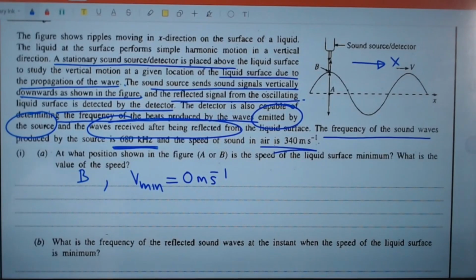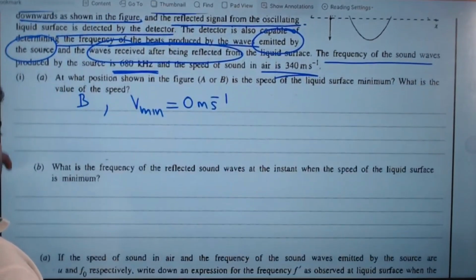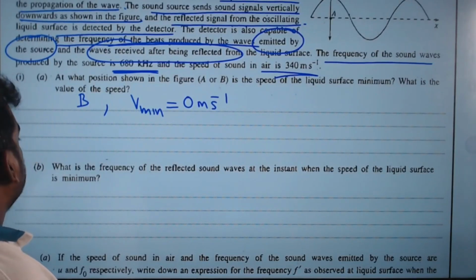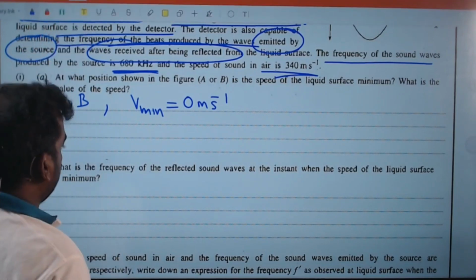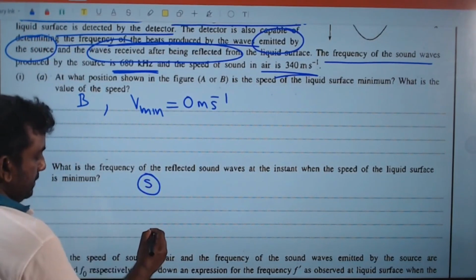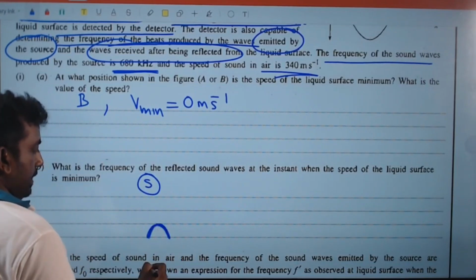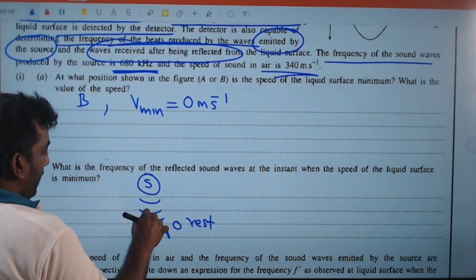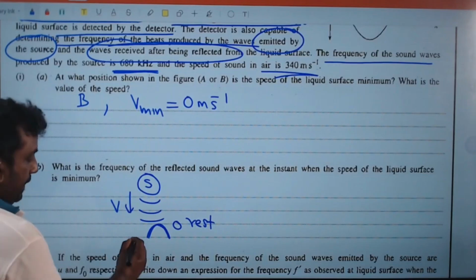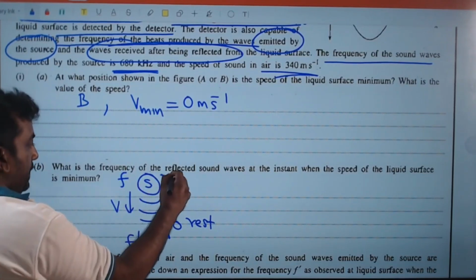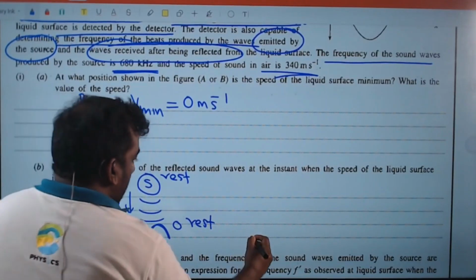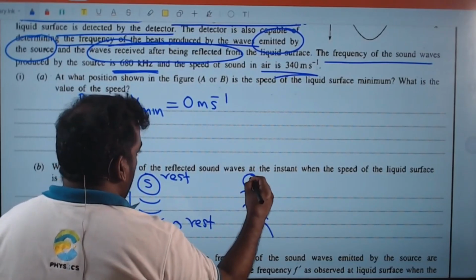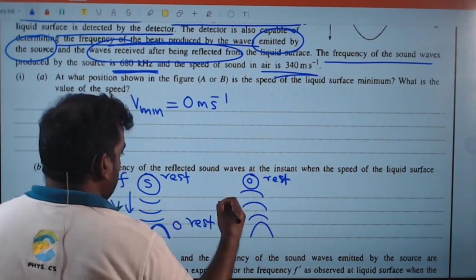What is the frequency of the reflected sound wave at this instant when the speed of the liquid surface is minimum? Observe. Here you have a source and this is your observer at rest. Sound waves are coming, knocking on this, then reflection takes place.